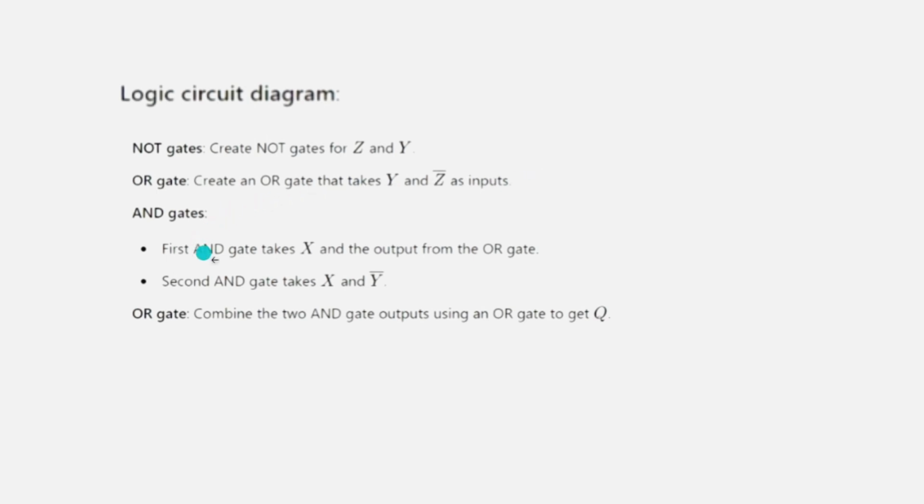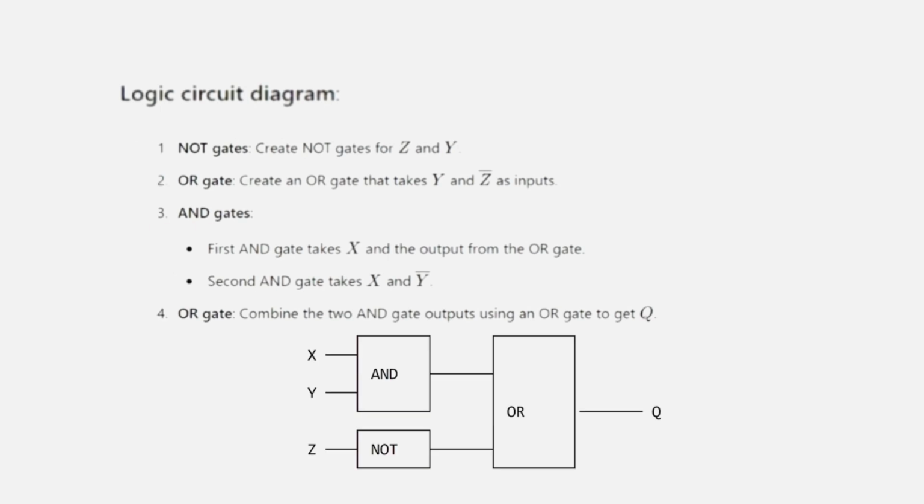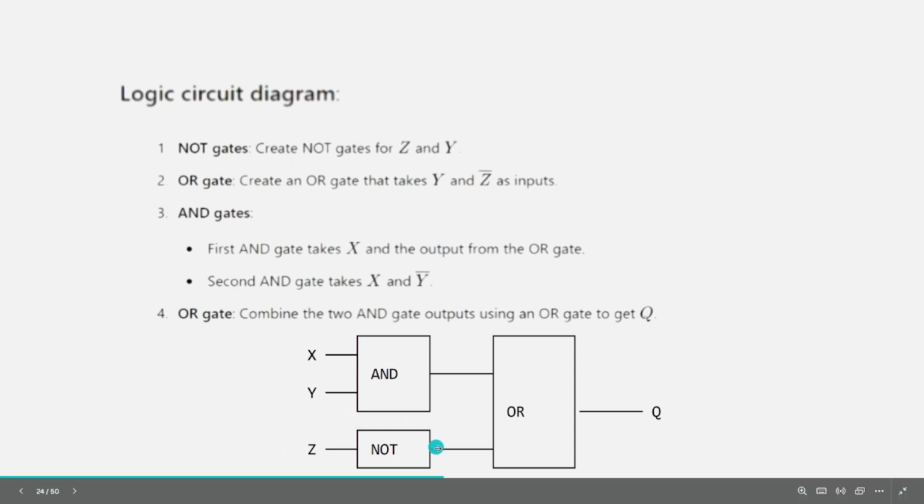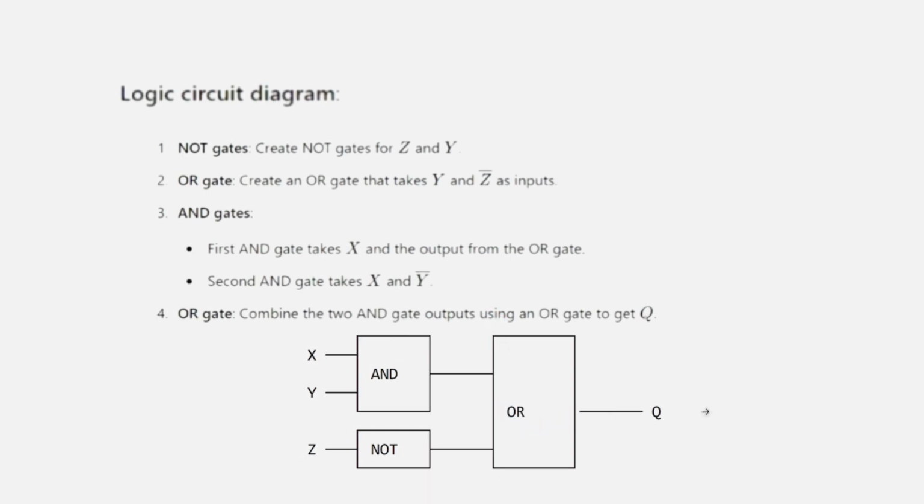For the AND gates, the first AND gate takes X and the output from the OR gate, and the second AND gate takes X and Y naught. After completing all of these, the logic diagram will look like this one. Here you can see that X and Y are attached to the AND gate and Z is followed by a NOT gate, and all of these are connected to our gate. Then our final value Q is attached to it.